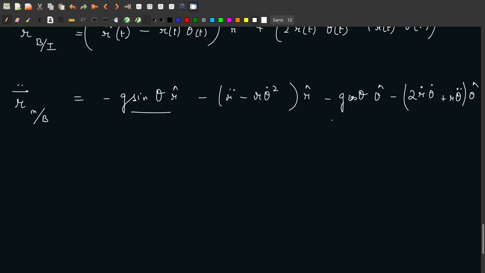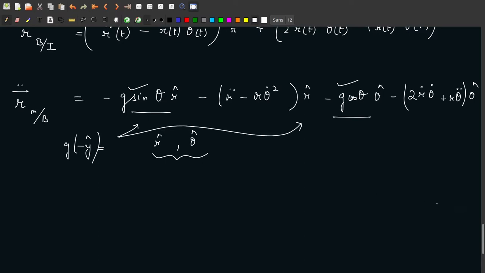Now obviously these particular terms come about if you break down the y cap unit vector in terms of r cap and theta cap, which I strongly advise you to do. You'll get these two particular expressions. So g of minus y cap will be decomposed into this and this form.